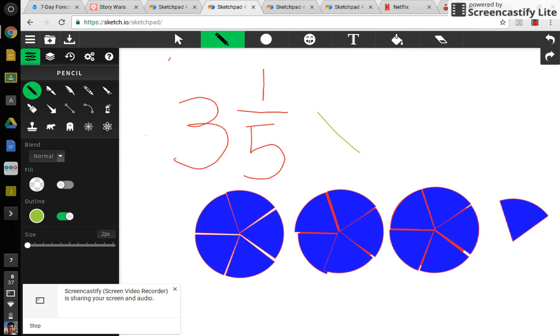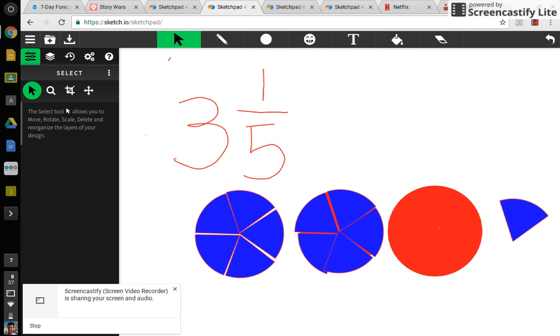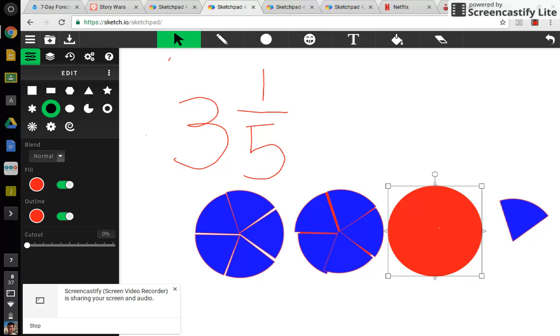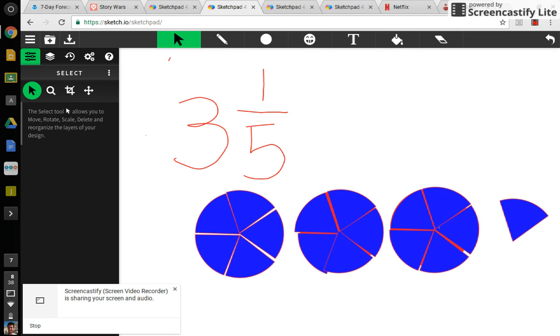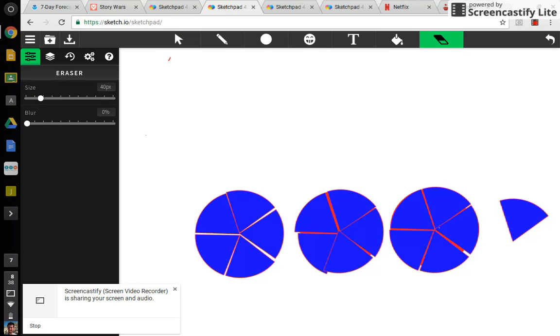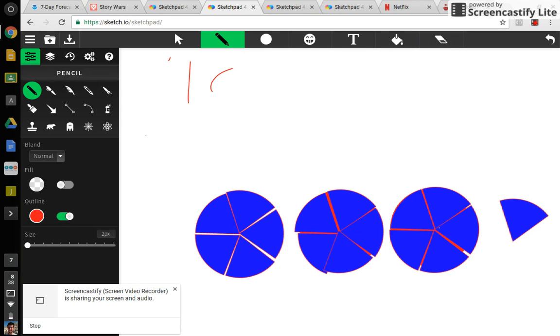Well, the first thing that we would need to know is how many fifths are in that pizza. So again, we would convert that into an improper fraction. We've already done the work for that. So now we're talking about how many fifths that is. It is 16 fifths. And we're going to multiply it by our 1/4.